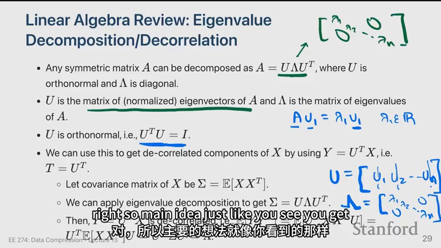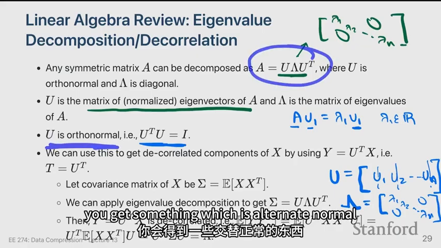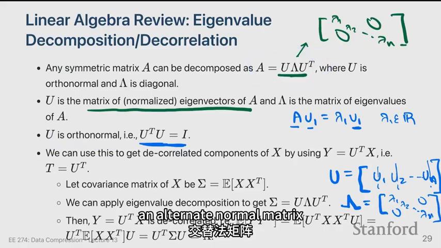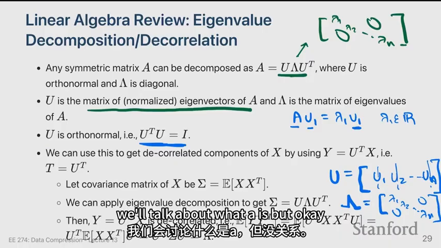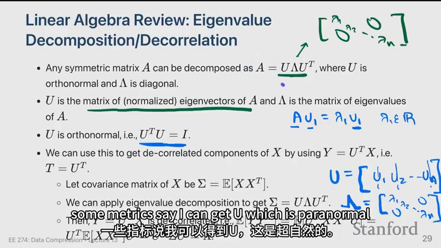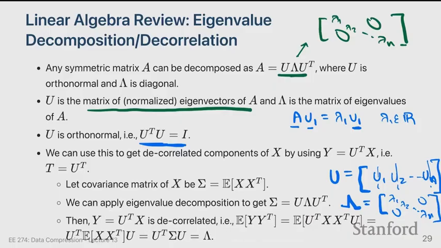The main idea is that doing this decomposition, you get an orthonormal matrix. We'll talk about what A is, but for some matrix A, I can get U, which is orthonormal, and then I can use this as a transform. Okay.